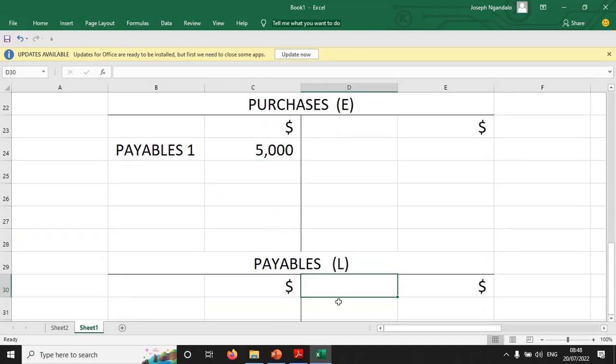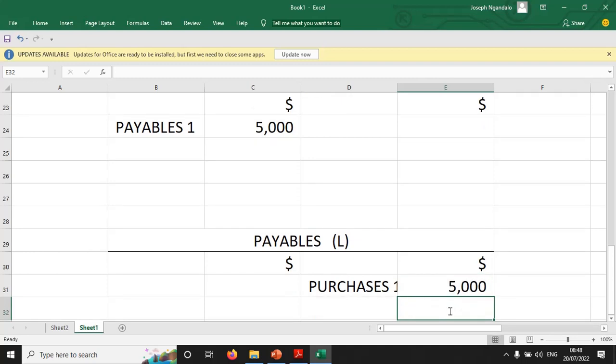And then here you write purchases, right? The first purchases. How much? 5,000. If you have got enough space, you can be writing dates and so on and so forth. But I think our major interest here is double entry.